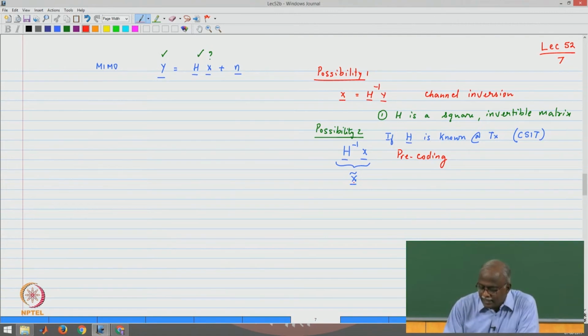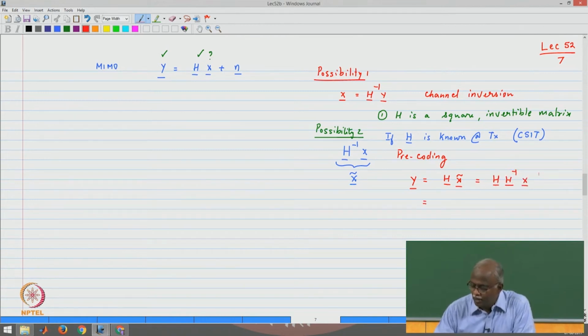Now, if x tilde is transmitted, then what I receive will be y is equal to h times x tilde, and this will be nothing but h times h inverse times x, plus noise, and this would also give me y is equal to x plus the noise.